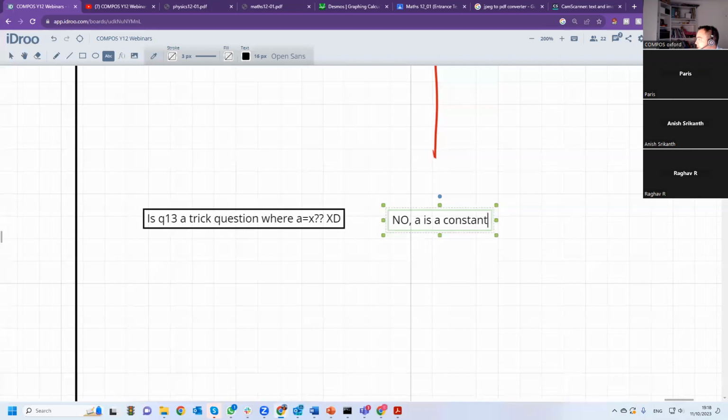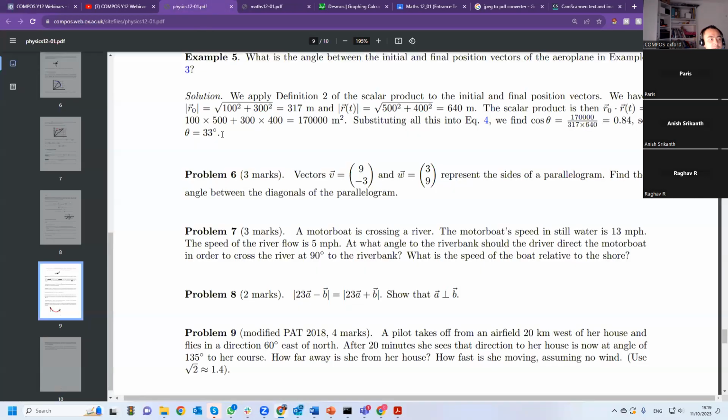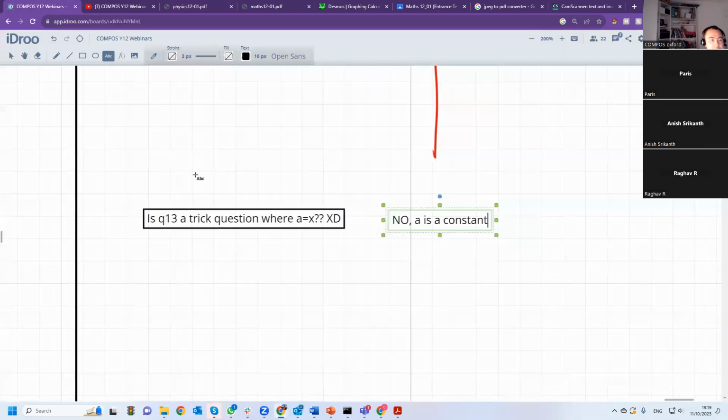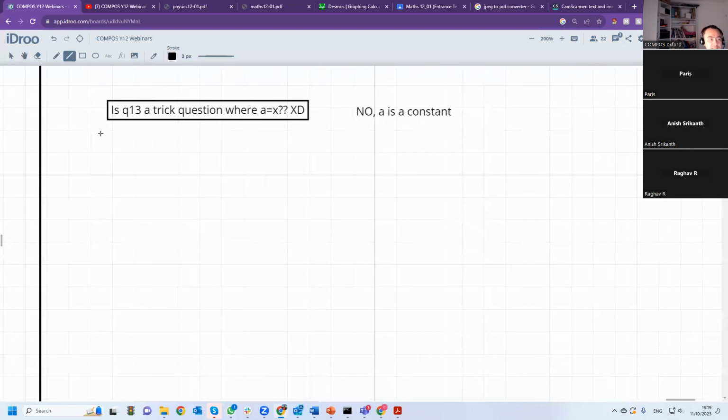For question 9 on physics, is the angle 135 on the outside of the triangle? Okay. For question 9, if you're traveling in a given direction, this is your course.